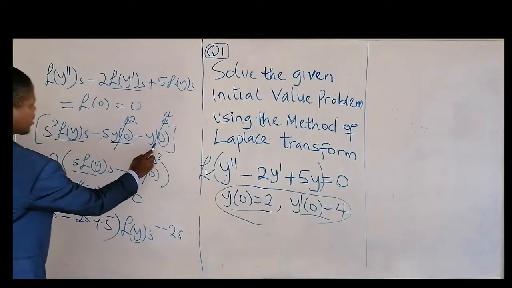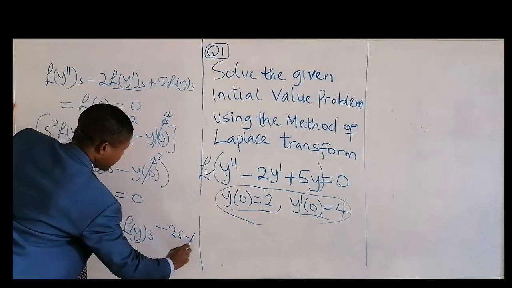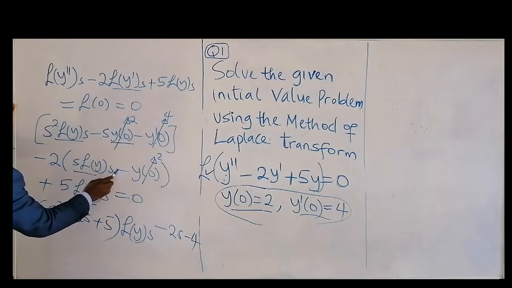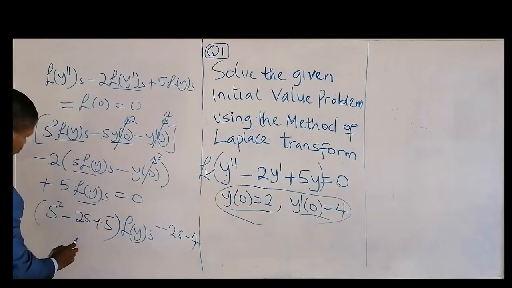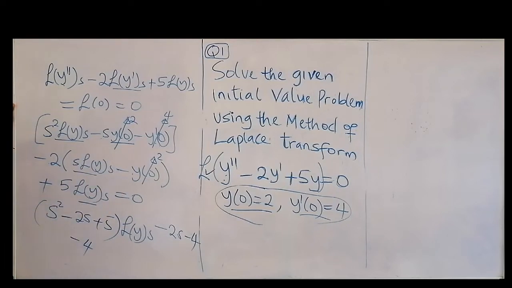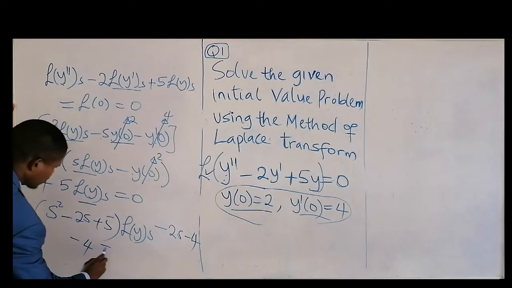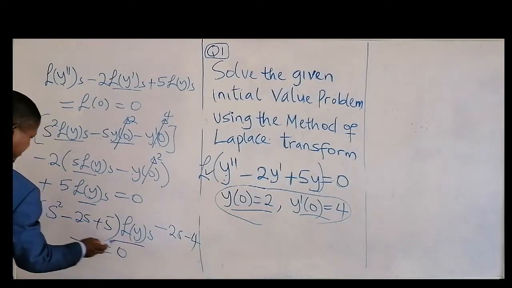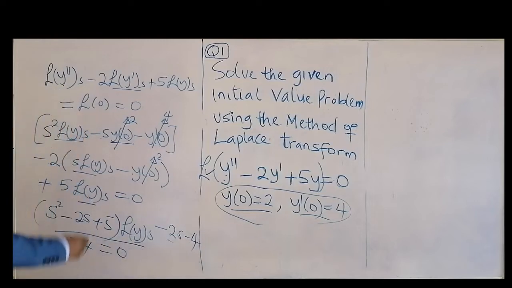Then here we have minus 4. Then minus 2 times minus 2, that's minus 4 also, equal to 0.